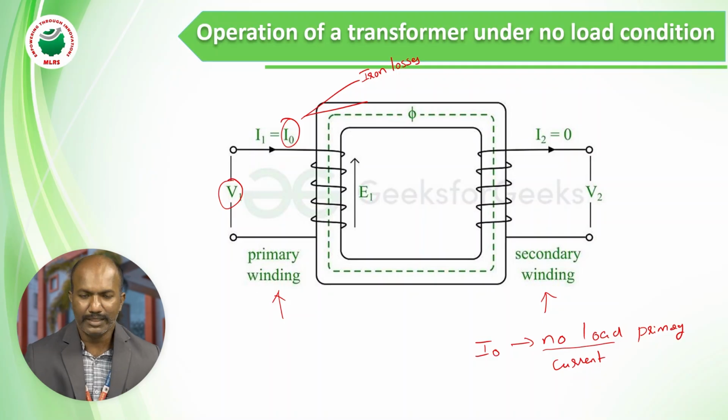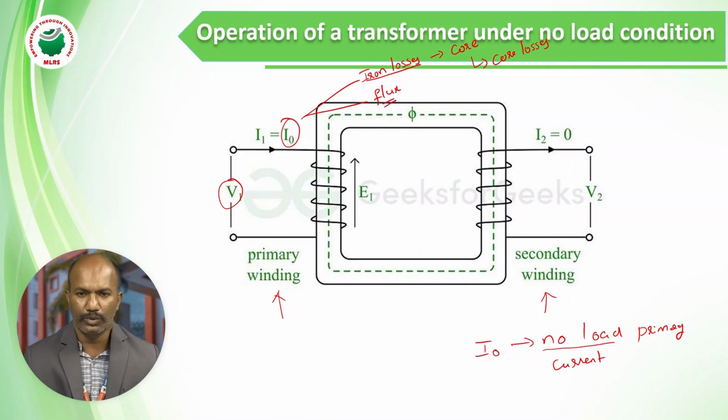One component is used to meet iron losses present in the core of the transformer, also known as core losses. The second component is used to produce flux in the transformer core.